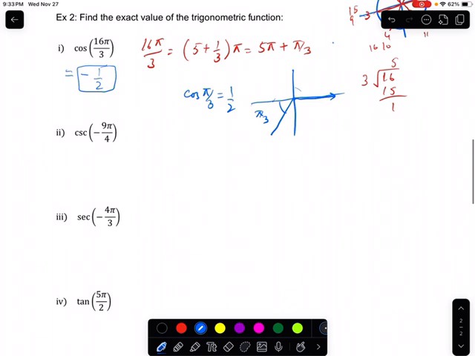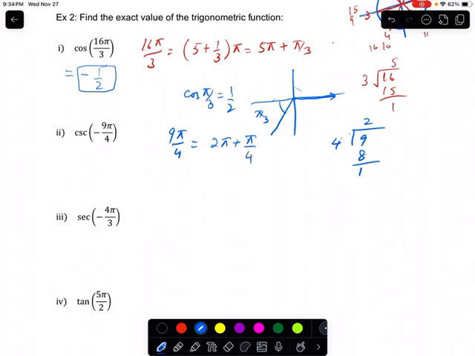Looking at the next example, we have negative 9 pi over 4. So 9 pi over 4 is equal to 2 pi plus pi over 4. Now if we have a negative sign here, then we have a negative sign out here.